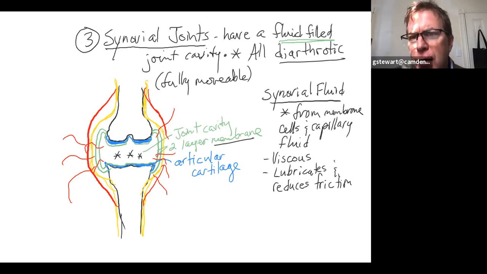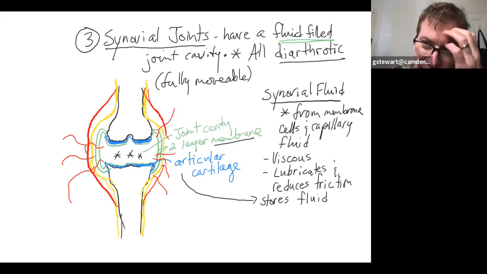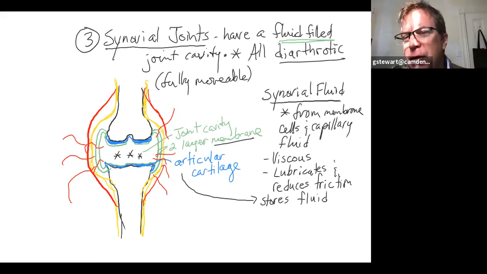And also the articular cartilage actually soaks up or stores some of the fluid. So this articular cartilage, its main purpose is to provide a smooth surface for bone-to-bone articulation, but it also soaks up fluid almost like a sponge. And when the joints move, the fluid moves in and out of that sponge-like cartilage to help lubricate that joint.